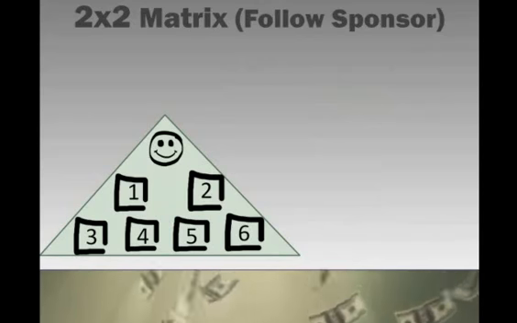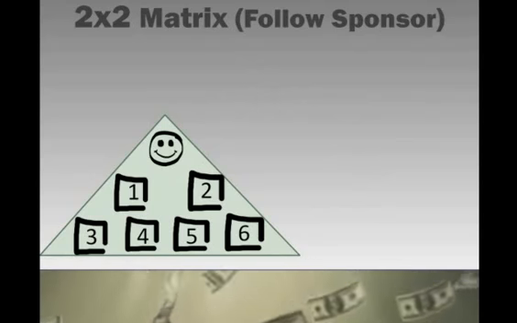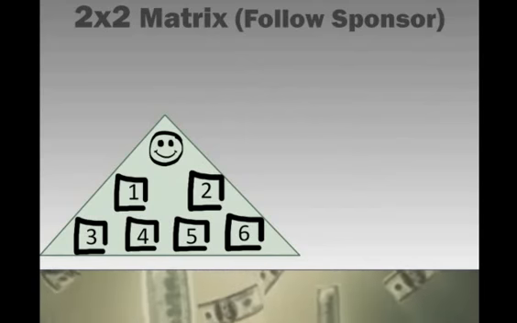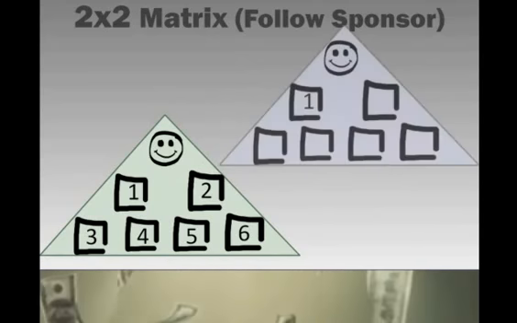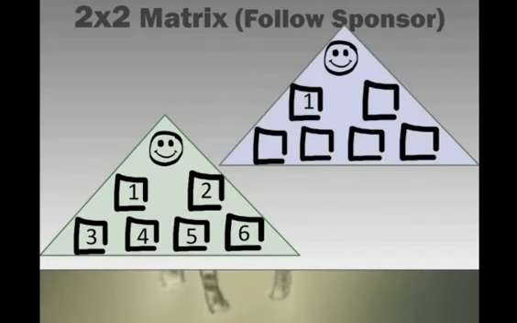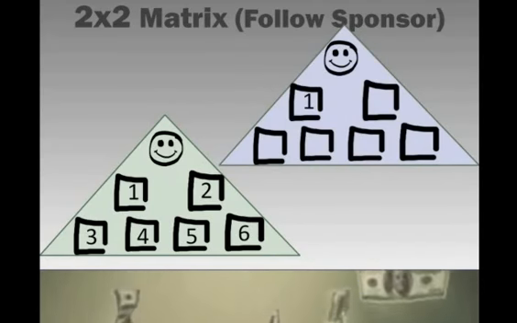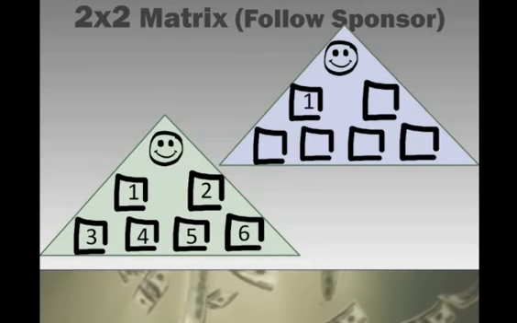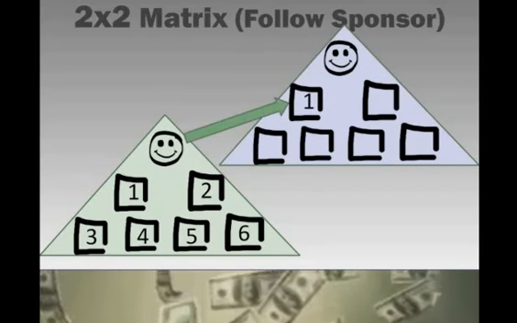The next way you can make commission is called follow your sponsor. So as you start to build a team, 1 and 2, and those people bring in people and so on, you have your organization here. When you cycle, or when anyone else in your organization cycles, the system is automatically going to close out your 6-person matrix and then look for the first open available spot in your sponsor's matrix that they're working right now. In this position, it would be number 1.